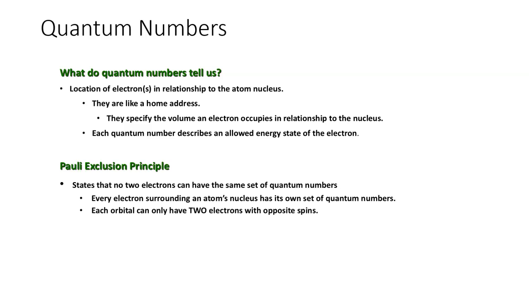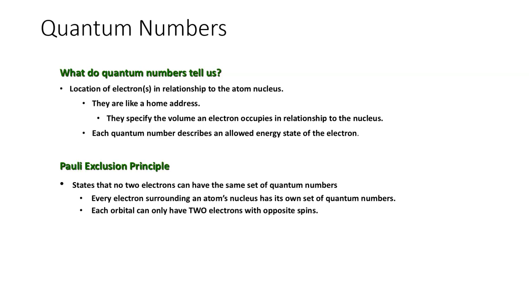The quantum numbers provide a description of the volume relative to the nucleus where you are most likely to find a particular electron. Or, stated a different way, each quantum number describes an allowed energy state of the electron.